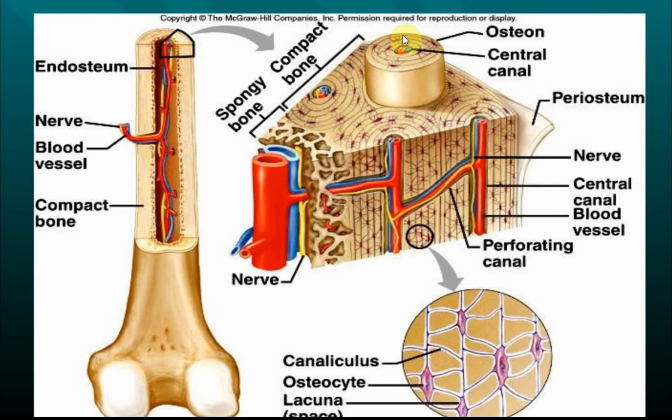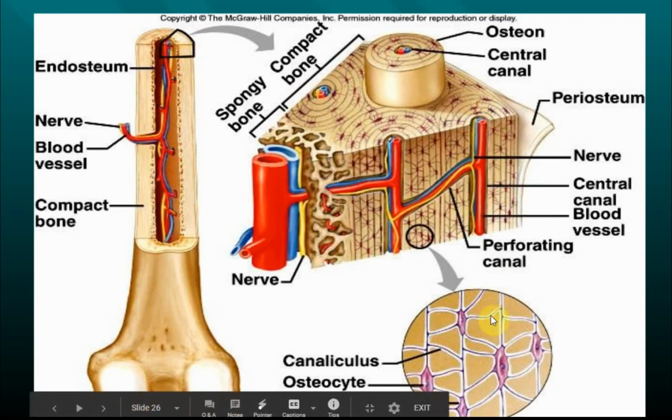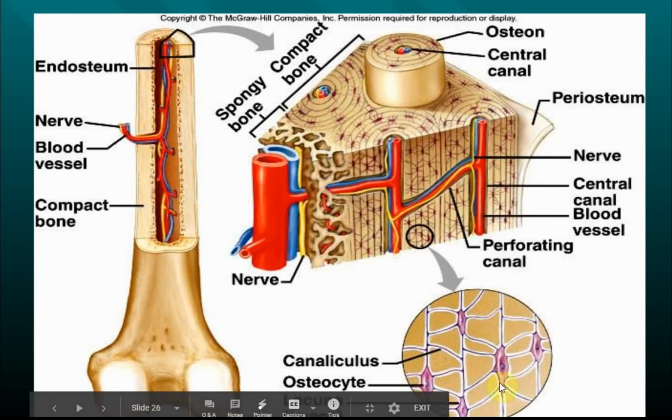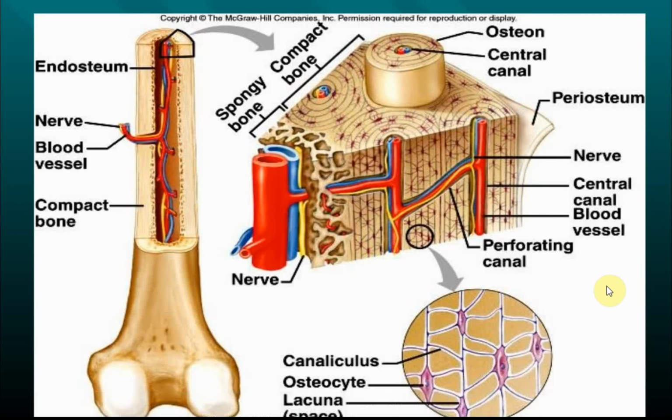Here you have an osteon, and here you have your canals, your haversian and your Volkmann. Then down here, in the microscopic structure, these are canaliculi. This is your osteocyte in a lacunae. That's basically everything you need to know for right now.